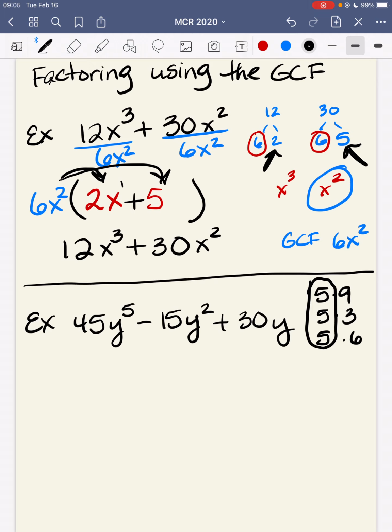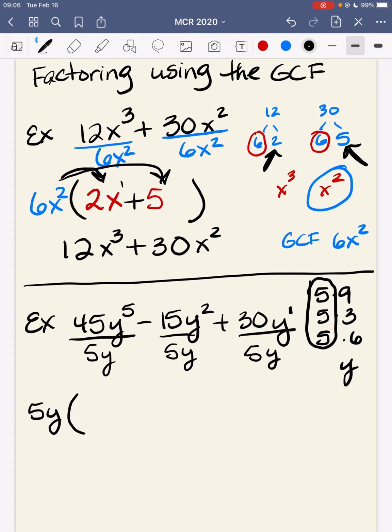Now, my lowest exponent on my y's is 1. So they're only going to have a y in common. So I'm going to be dividing everything by 5y, which is my GCF. Okay, so I write my 5y out to the front, right?